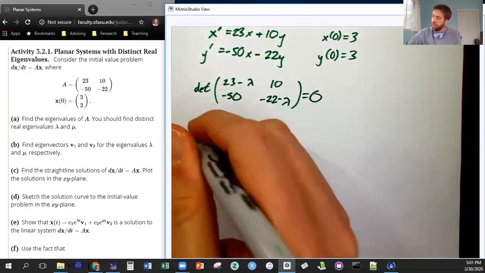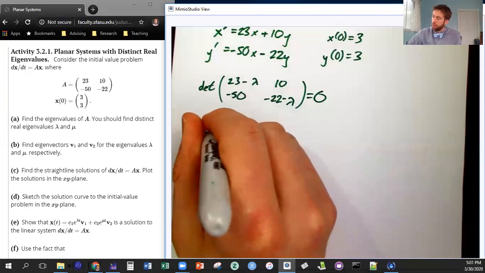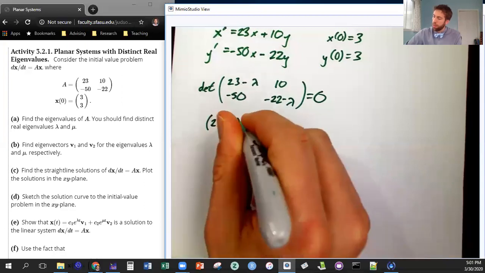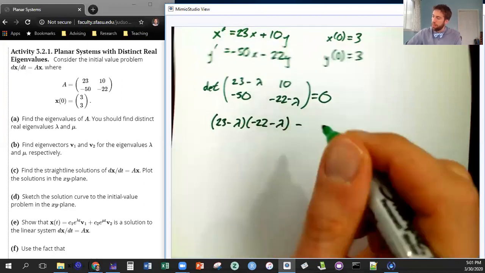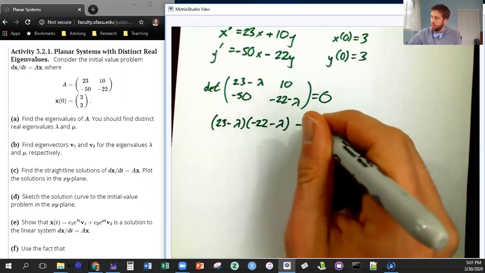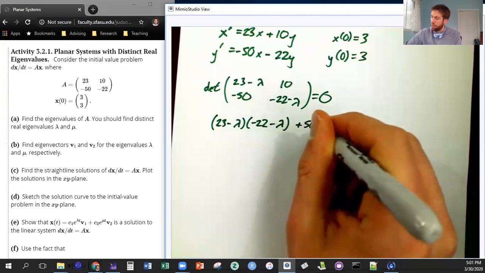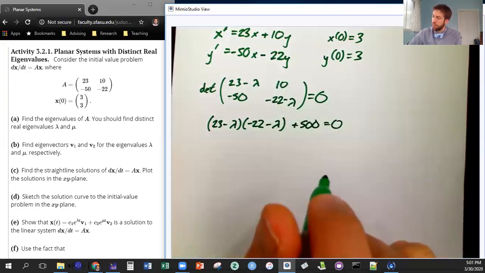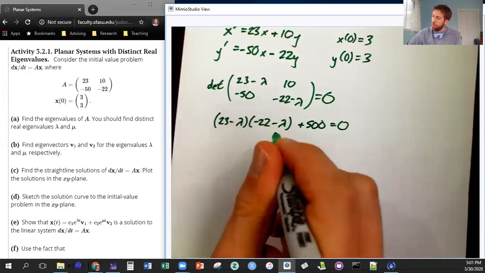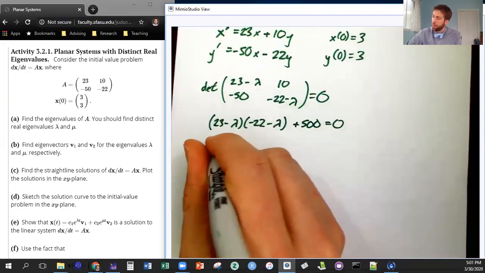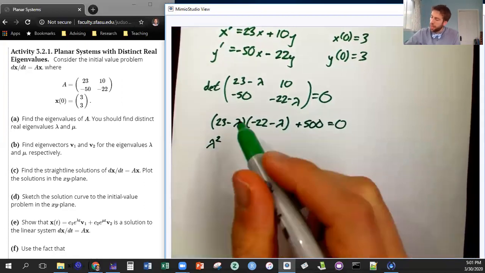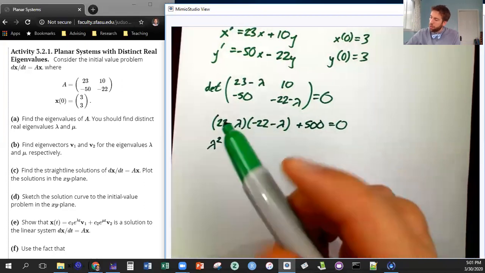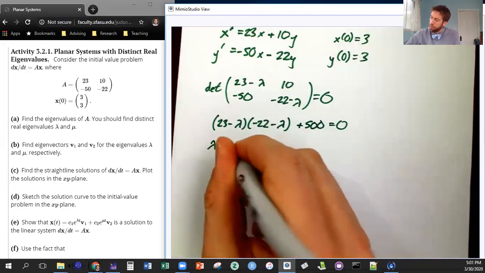All right, so 23 minus lambda times negative 22 minus lambda minus a negative 500, so plus 500 equals 0. Okay, the lambda squared first, and then the linear part of the lambdas. I've got negative 23 lambda and positive 22 lambda, so there's minus lambda.